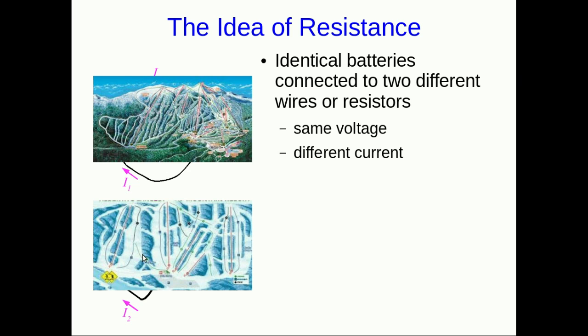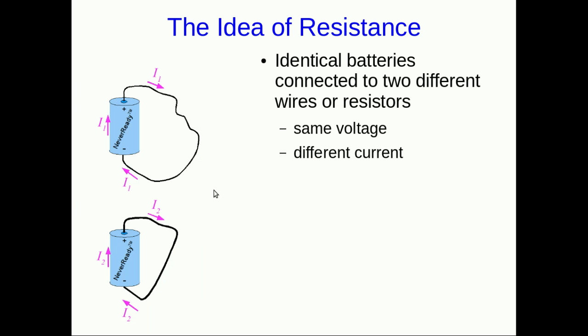But you can have a hill of the same height with the same number of skiers on it, but if the runs are straight and wide, skiers who get to the top arrive back at the bottom very quickly, and you have a larger number of people per unit time going back up on the lifts. And so you get a different skier current, even with the same number of skiers and the same height of hill.